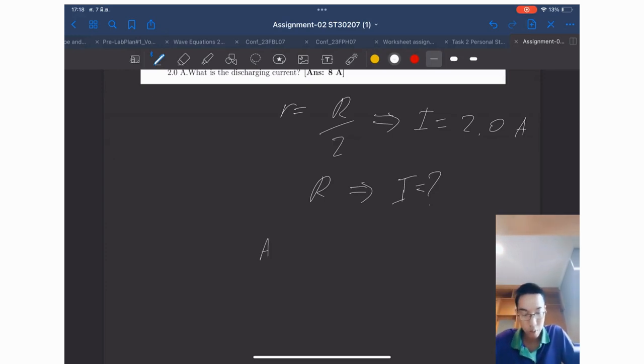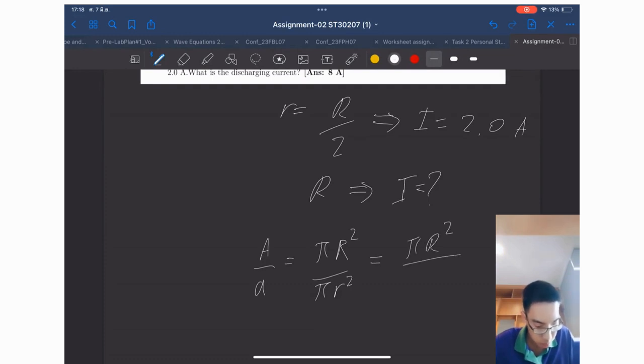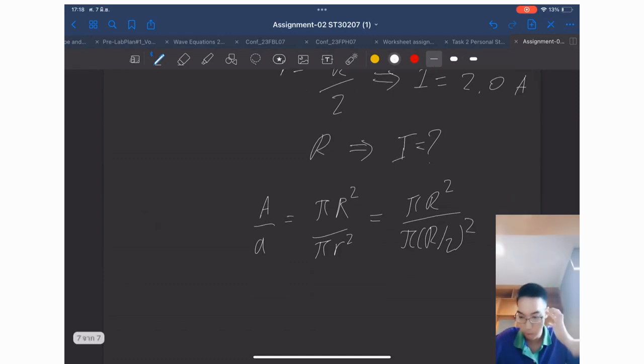The area of the capital R over the area of the small r is equal to pi capital R squared over pi little r squared, equal to pi capital R squared over pi times capital R over 2, the whole squared. Now we know that the proportion is 4 times.